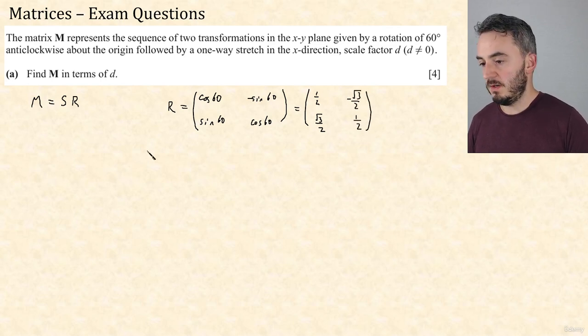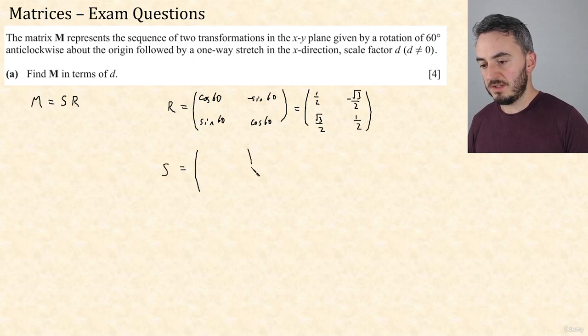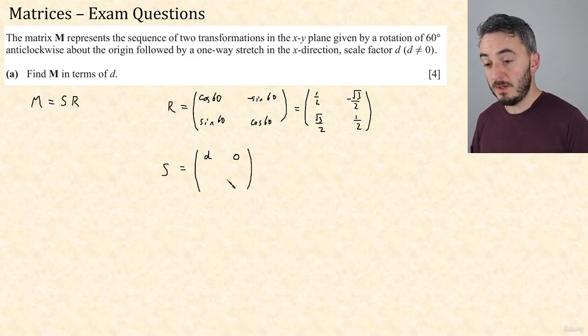So there's R. Now S is a stretch of scale factor D in the X direction. So just in the X direction, we've put D here and 0 here. That means the new X value is simply D times the old X value, but we want to leave the Y values alone. So it's 0, 1.